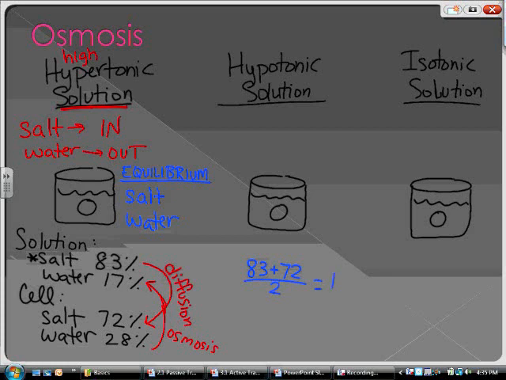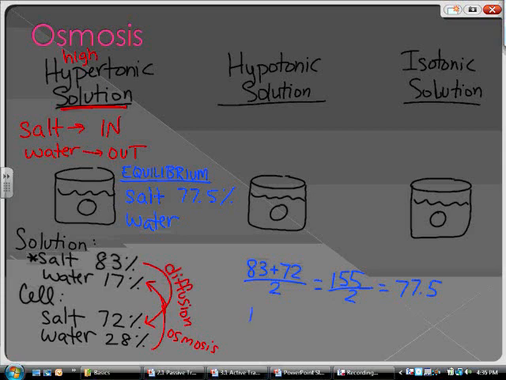That's 155 divided by 2, which gives us 77.5. It's okay to have decimal points. So salt should be 77.5% inside the cell and outside the cell at equilibrium.